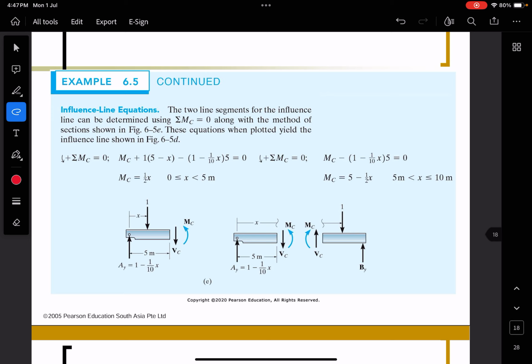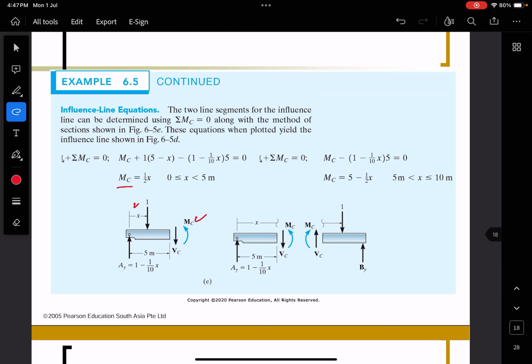Remember, for the second approach, you can place one unit at any distance. Here, they put it at X. So once you put it at X, cut the section and then find this MC, like this.